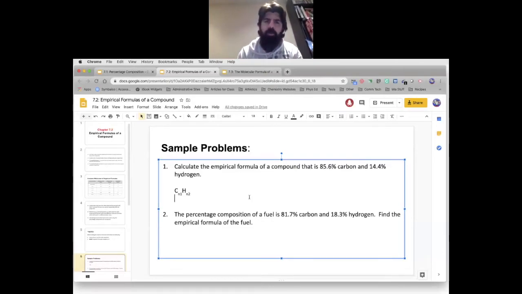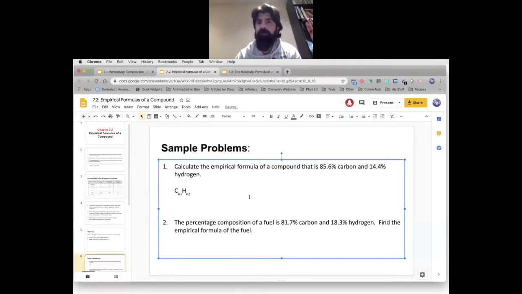So think about how we calculate moles, right? We think about the pyramid that we learned last class, the magic triangles. To calculate the number of moles, it's equal to mass divided by molar mass.